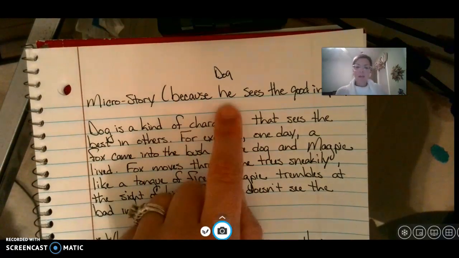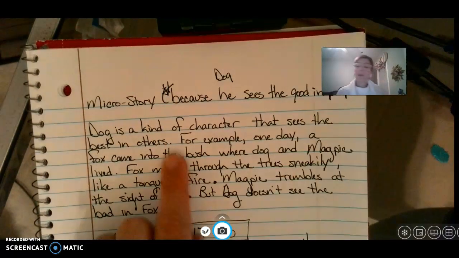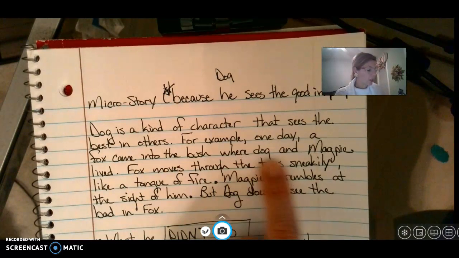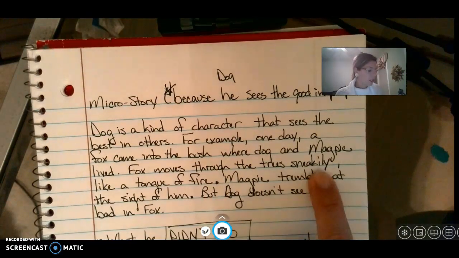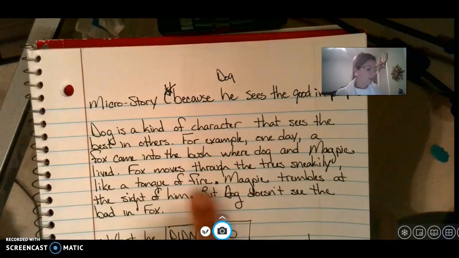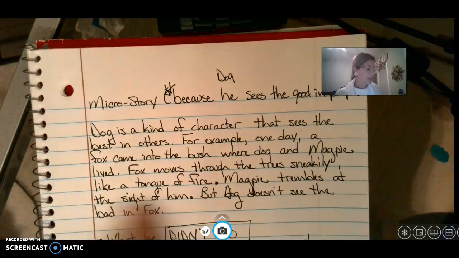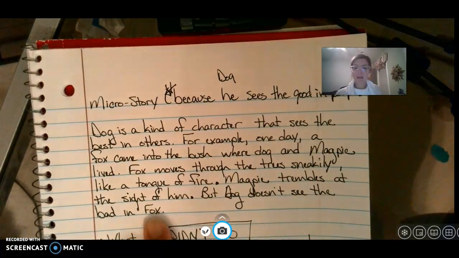Do you see how I repeated my point? For example, one day a fox came into the bush where Dog and Magpie lived. Fox moves through the trees sneakily like a tongue of fire, and Magpie trembles at the sight of him. But Dog doesn't see the bad in Fox.